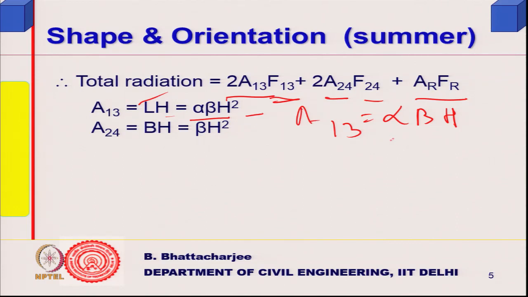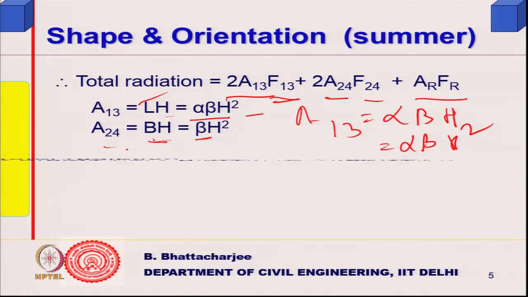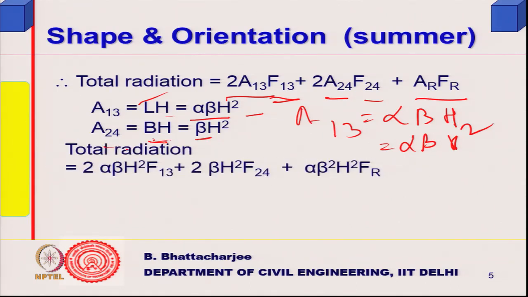And b is equal to beta h. So, this will be alpha beta h square, and this will be b into h, and b I am writing as beta h. So, beta h square. So, these two areas are something like this. And what about this?